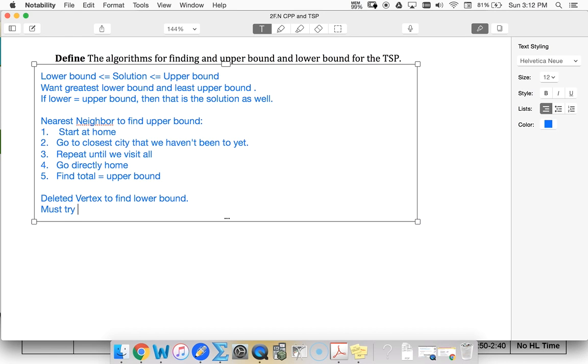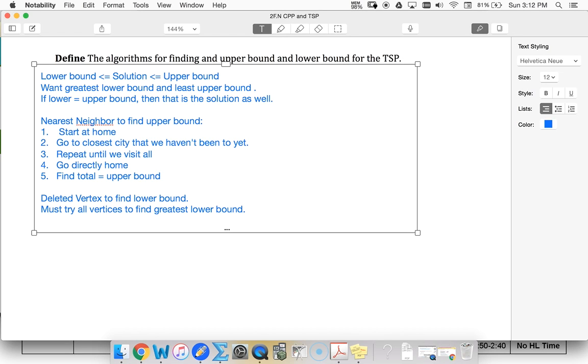So we must try all vertices to find the greatest lower bound. So what we do is we remove one vertex and find the minimum spanning tree. We can use one of our previous algorithms to find our minimum spanning tree.